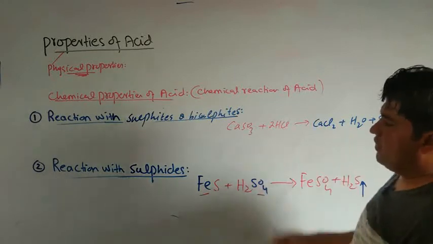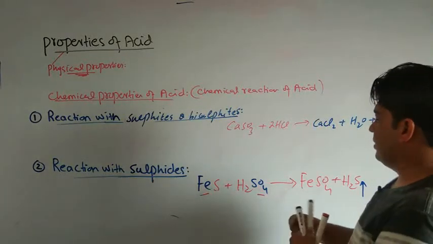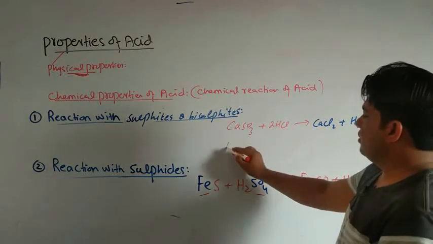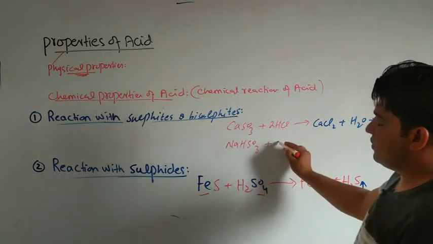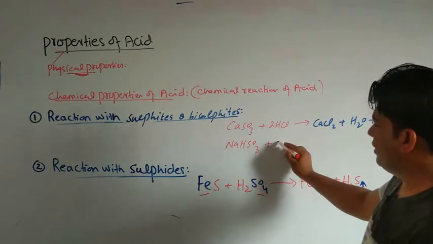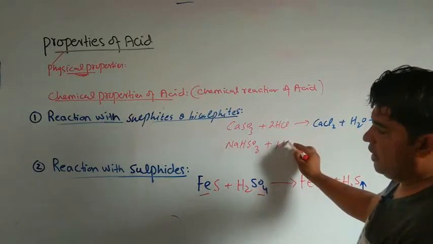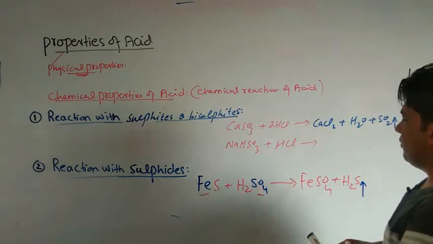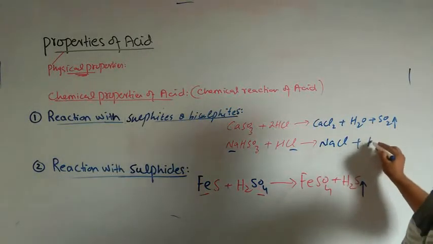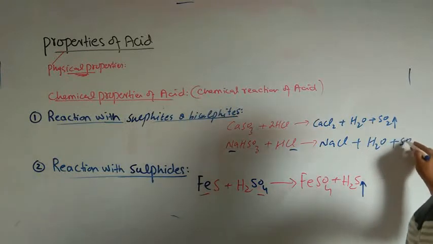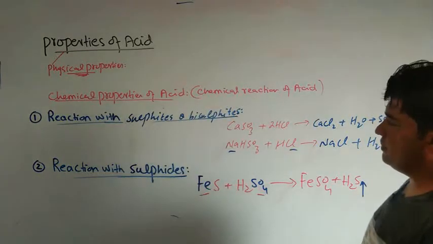इसी तरह अगर bisulfide आप ले ले, bisulfide, that is like sodium bisulfide, and they react with acid. The acid is anyone, that is suppose HCl. So what will produce? Sodium chloride, again H2O and again SO2 gas is evolved.